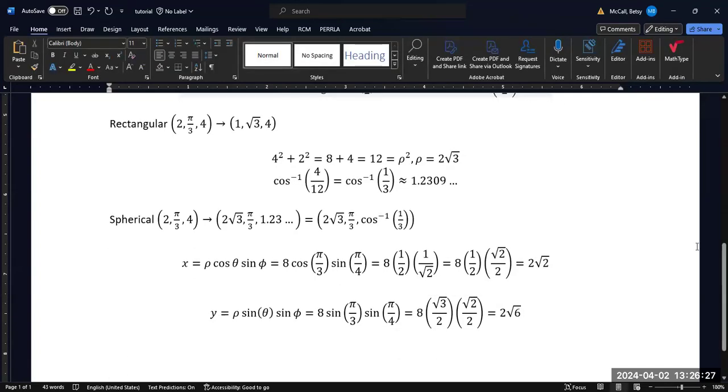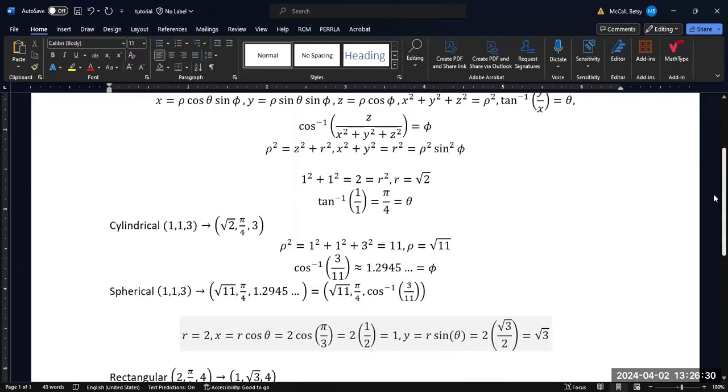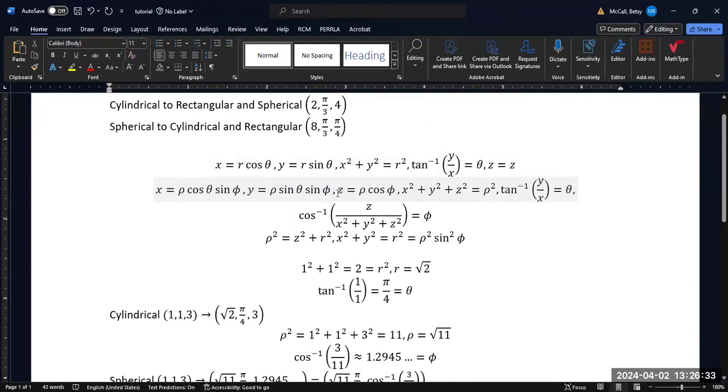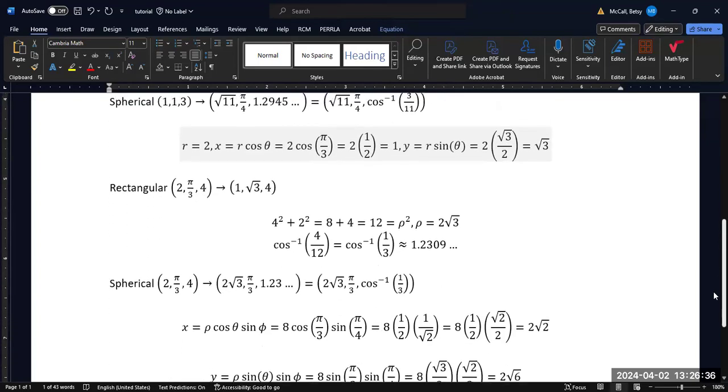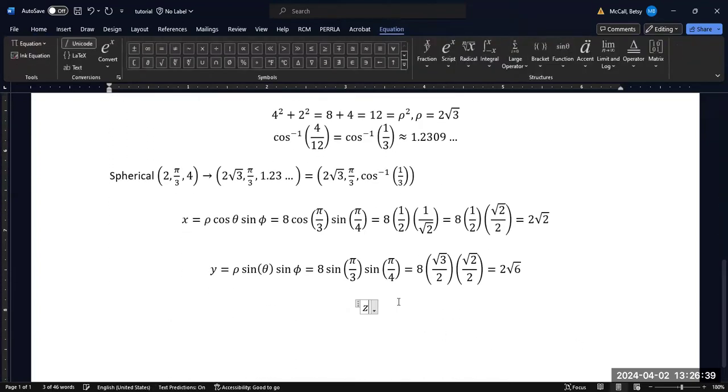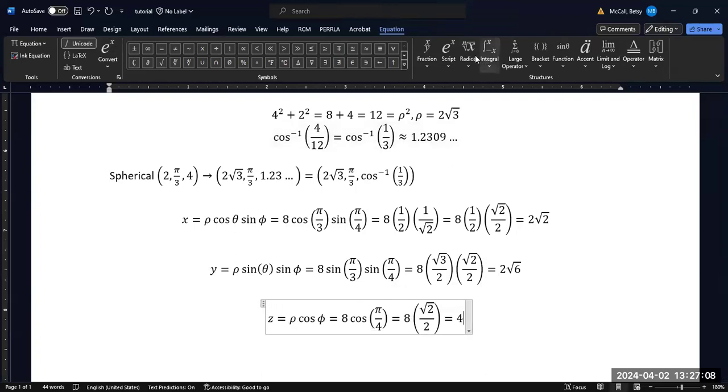And then to get our z coordinate, if we go back to our formulas, z is rho cosine phi. So then z is rho cosine phi. So this will be 8 times cosine of pi over 4, which will also be 8 times the square root of 2 over 2. So 4 square root of 2.